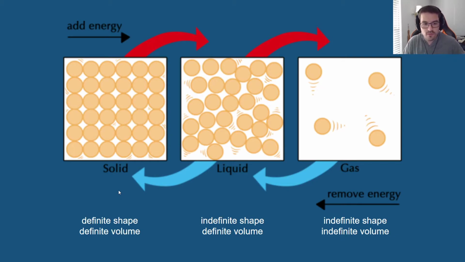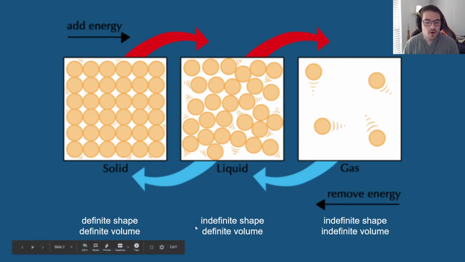And that is because, once again, if we think about how these particles are behaving, the particles are all nice and locked in to one another, right? They're not moving past one another. They're not expanding or condensing. And so the overall volume of that substance remains constant or definite, okay?